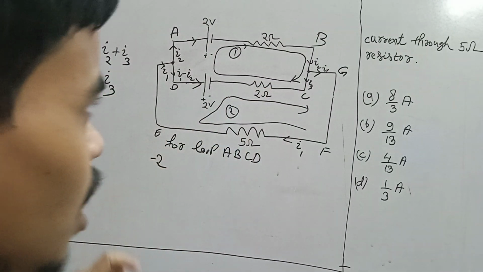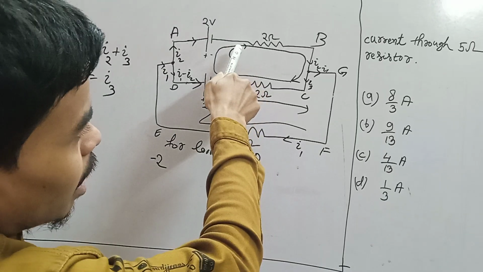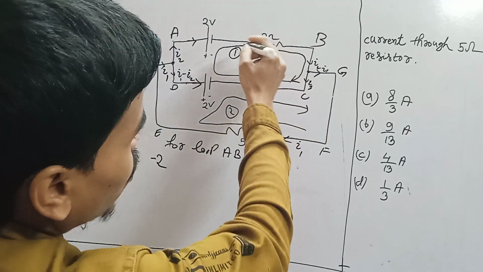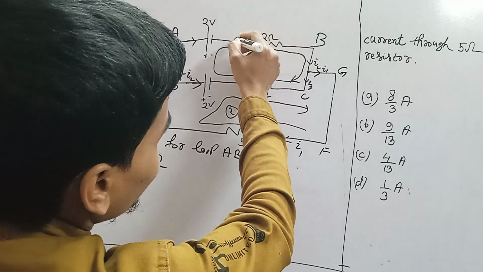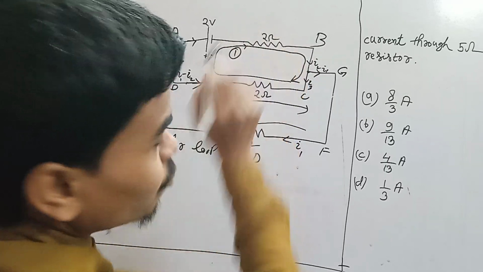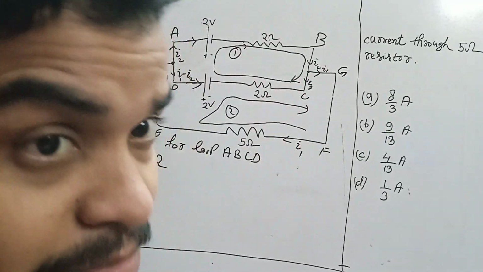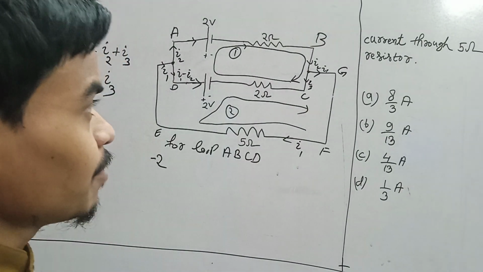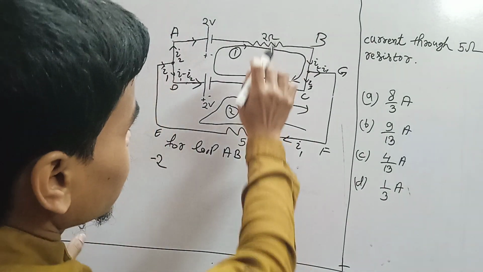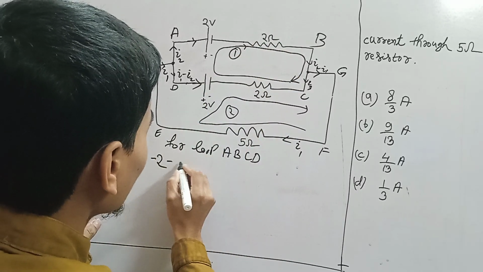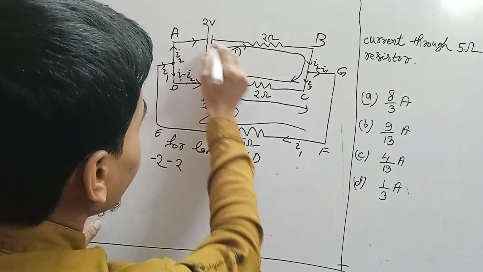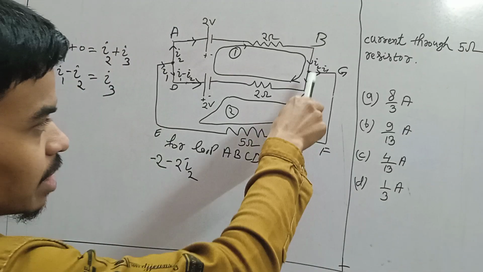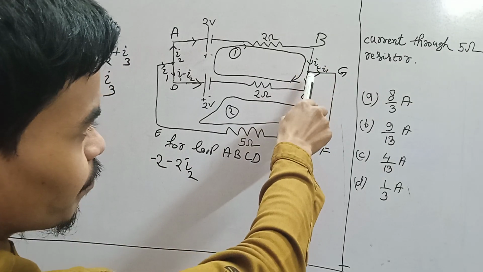And here also our assumed direction is this direction, and the current is also flowing from this point to this point. It is the same. So for the same direction along a resistor, we have to give a negative value. So this is negative 2 I, and this is 2I2.